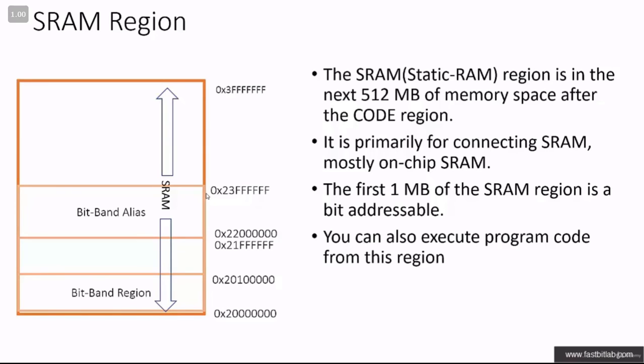SRAM is a data memory where we keep our temporary data. The first 1 MB of the SRAM region is bit addressable. I'll talk more about bit addressable memory regions later. That's what we call bit banding. And you can also execute program code from this region. You can keep instructions here and execute them.